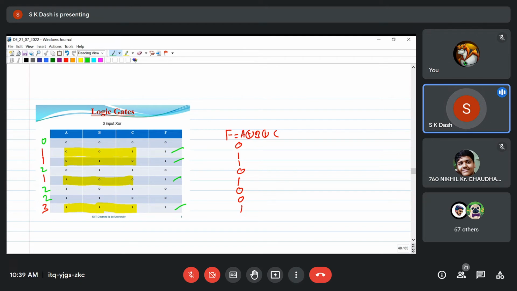Otherwise your output will be 0. So from now onwards, when you write the truth table, just count the number of ones. Only when the number of ones is odd will the corresponding output be 1. Otherwise it will not be 1. So for these combinations only, your output will be 1. This is the shortcut.